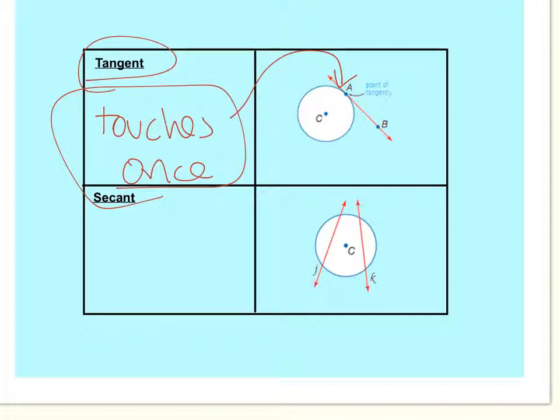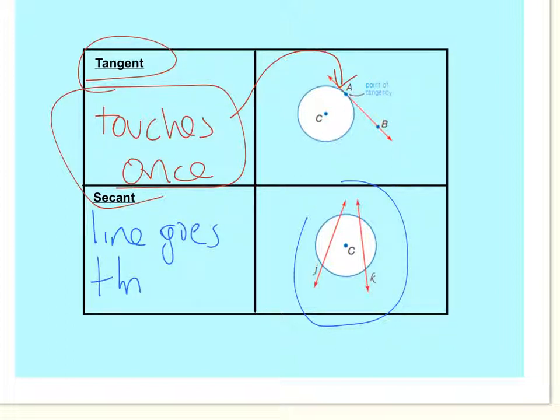Now a secant is basically what it sounds like. It's a line that goes through a circle. So when they talk about tangent, it touches once. Talk about secant, it goes through twice.